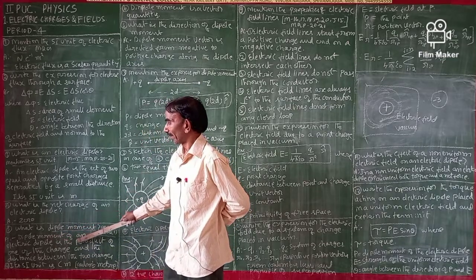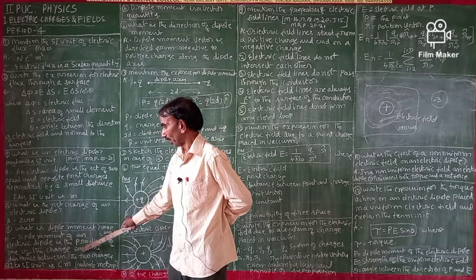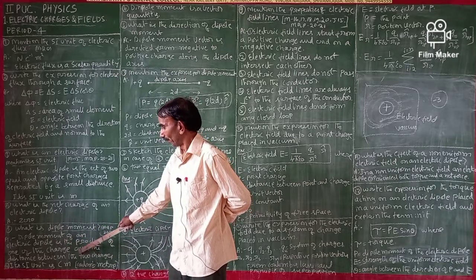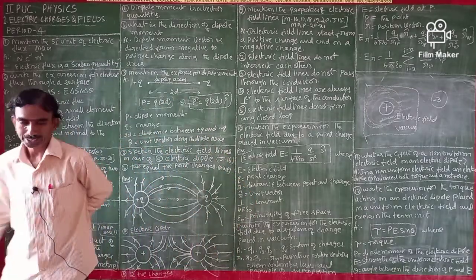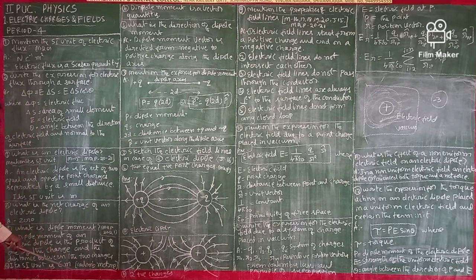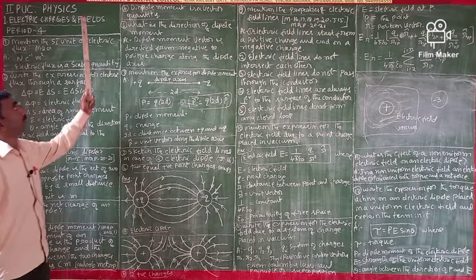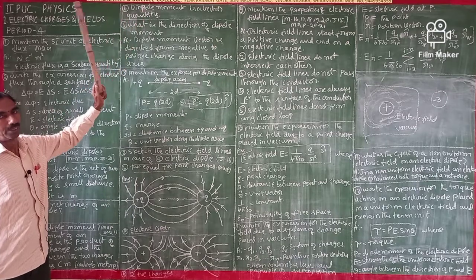SI unit is coulomb meter. By seeing one time and without seeing another time, you have to write it in the rough book. Dipole moment is a vector quantity.